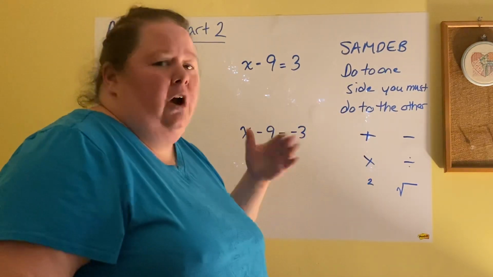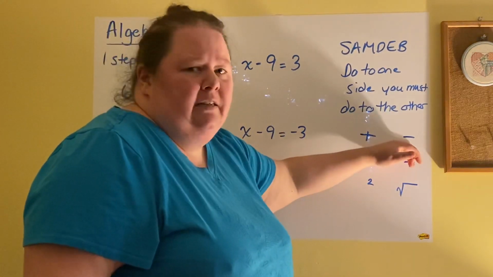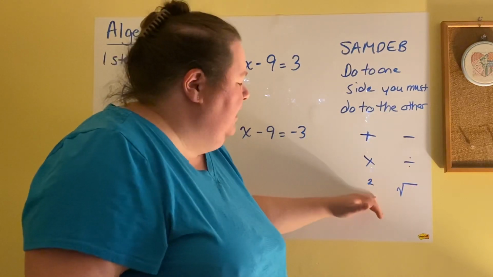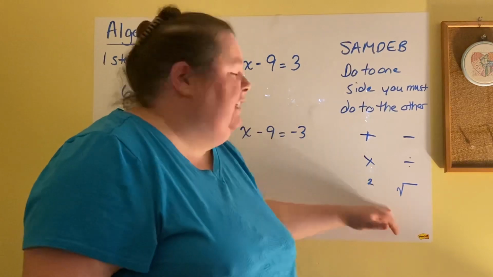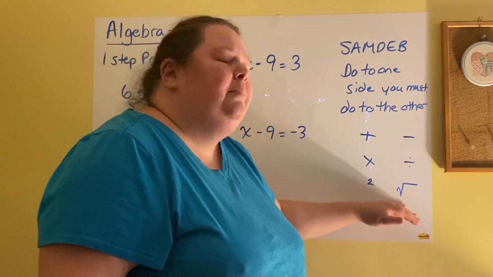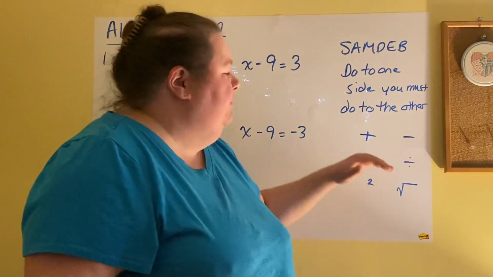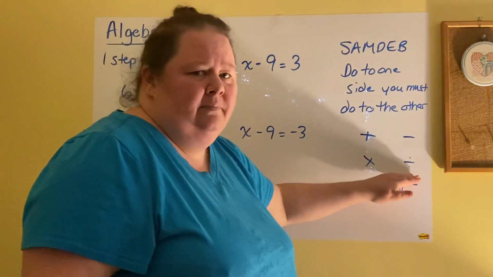And remember, your opposite operations would be adding and subtracting, multiplying and dividing, and squaring and square rooting, which we had done back in Pythagorean theorem at the very beginning of the year. I'll deal with that probably in the third video that I do where it's a little more advanced. For right now, we're going to deal with adding, subtracting, multiplying, and dividing.